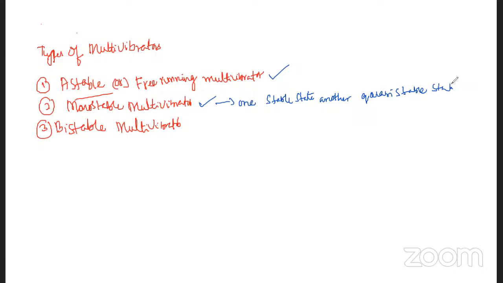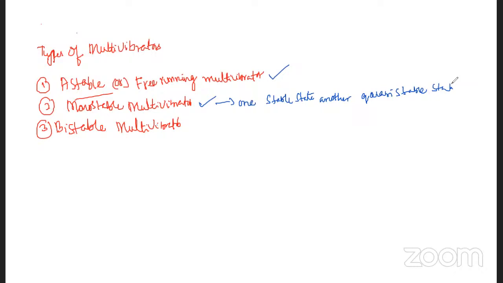In the monostable multivibrator, the application of an input pulse triggers the circuit into its quasi-stable state, in which it remains for a period of time determined by the circuit constants. After this period, the circuit returns to its initial state. The process is repeated upon the application of each trigger pulse.